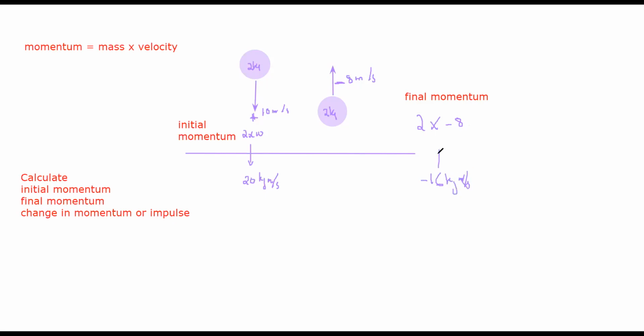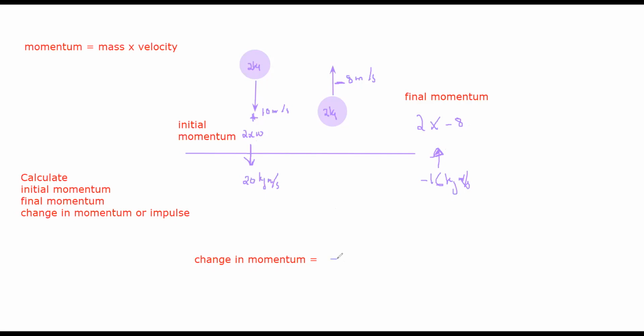So momentum is also a vector quantity. Positive momentum means it was downward and negative momentum means it is upward. If I need the change in the momentum, or impulse, what is the change in the momentum or impulse? It is the final momentum minus the initial momentum.